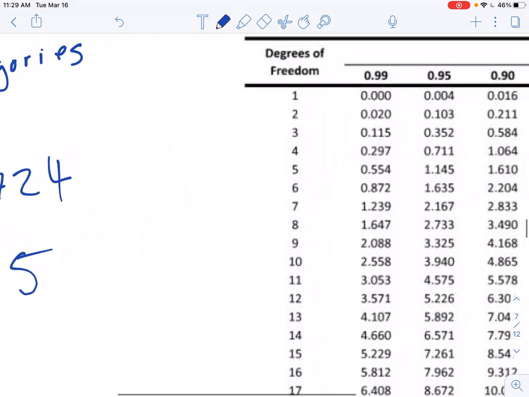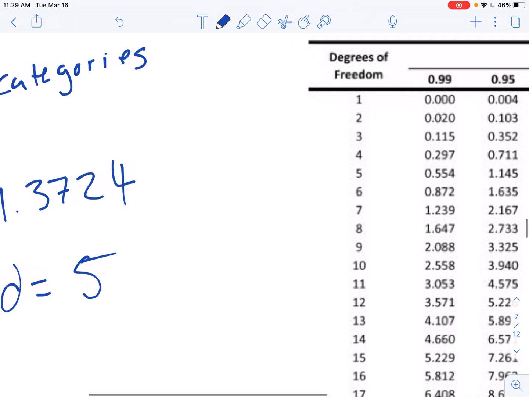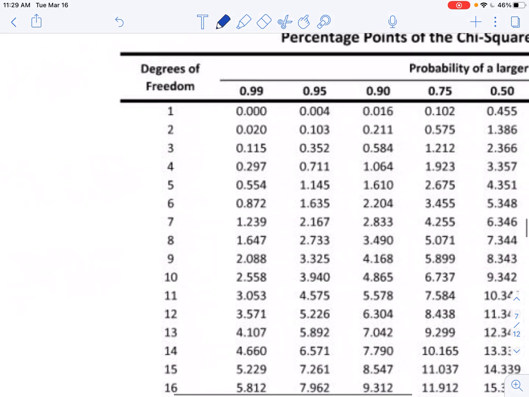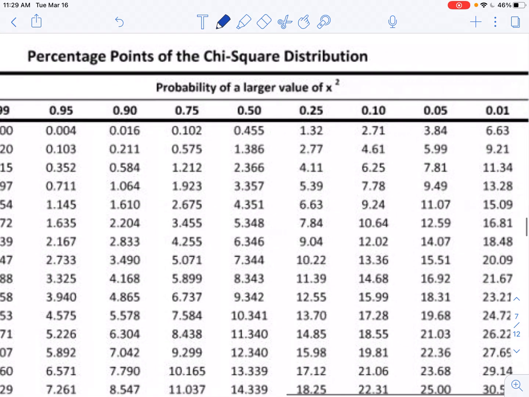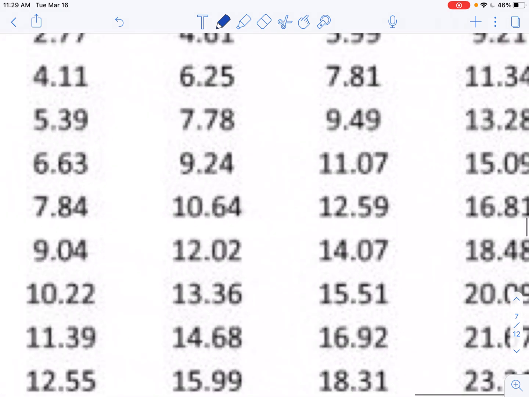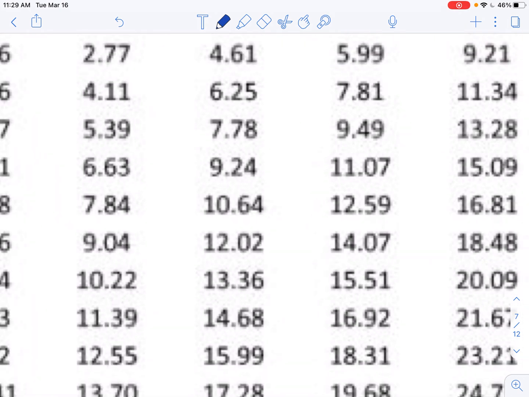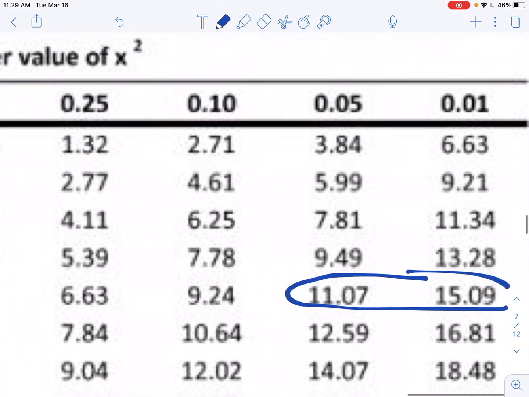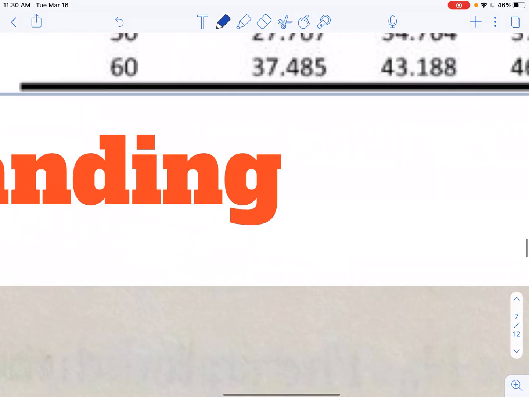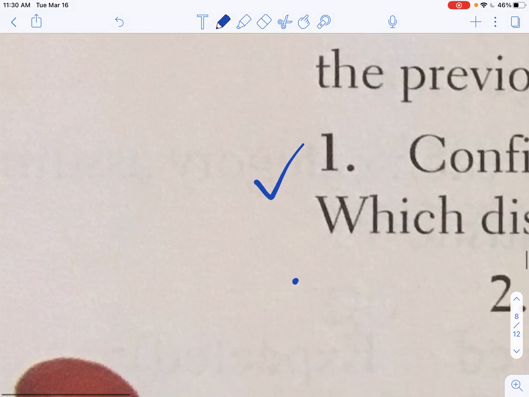So what I do here is I go to 5 degrees of freedom on my chart, and I look for 11.3724. I'm going to say that 11.3724 falls somewhere between these two values, and then it's like a t-table. So now I know that my probability value is greater than 0.01, and it's less than 0.05.